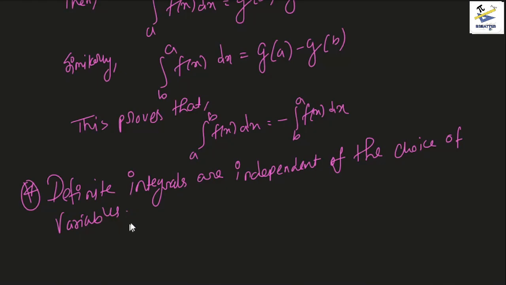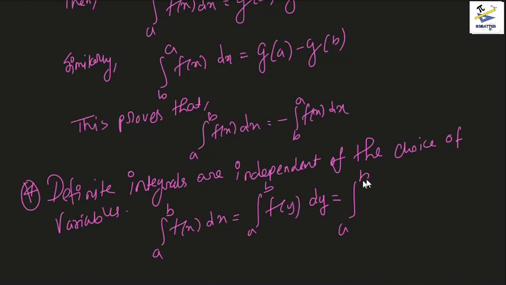So what it means is that the integral from a to b of f of x dx is the same as the integral from a to b of f of y dy, and this is also the same as the integral from a to b of f of z dz, because it doesn't necessarily matter what variable name you are using, as long as the limits are numbers, real numbers a to b, and not a function.